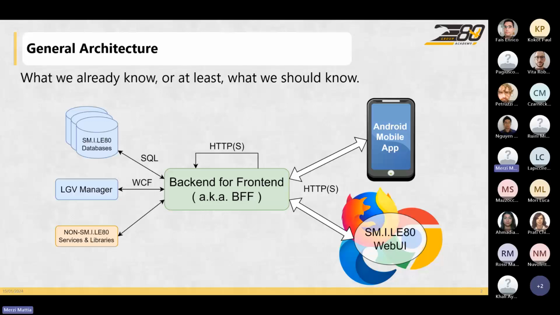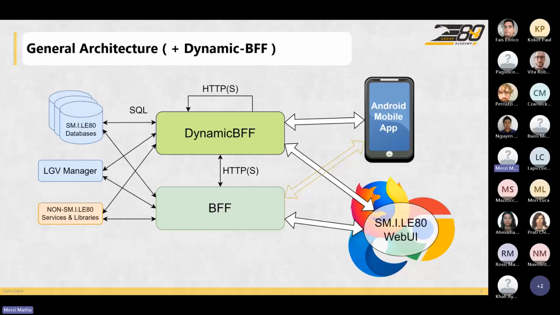Now, the new Dynamic-BFF approach does not remove anything from the current architecture, but there is a new Dynamic-BFF backend component that interacts with the current BFF. That is not going to be removed or replaced by the Dynamic-BFF, but it's a new component.